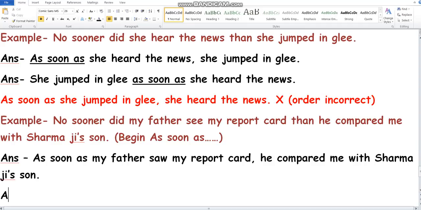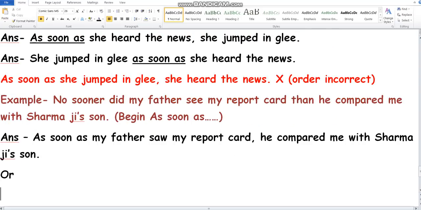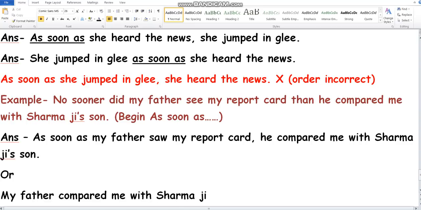And if you have to use as soon as in the middle of the sentence, we'll write the second event first. Okay? My father compared me with Sharmaji's son.